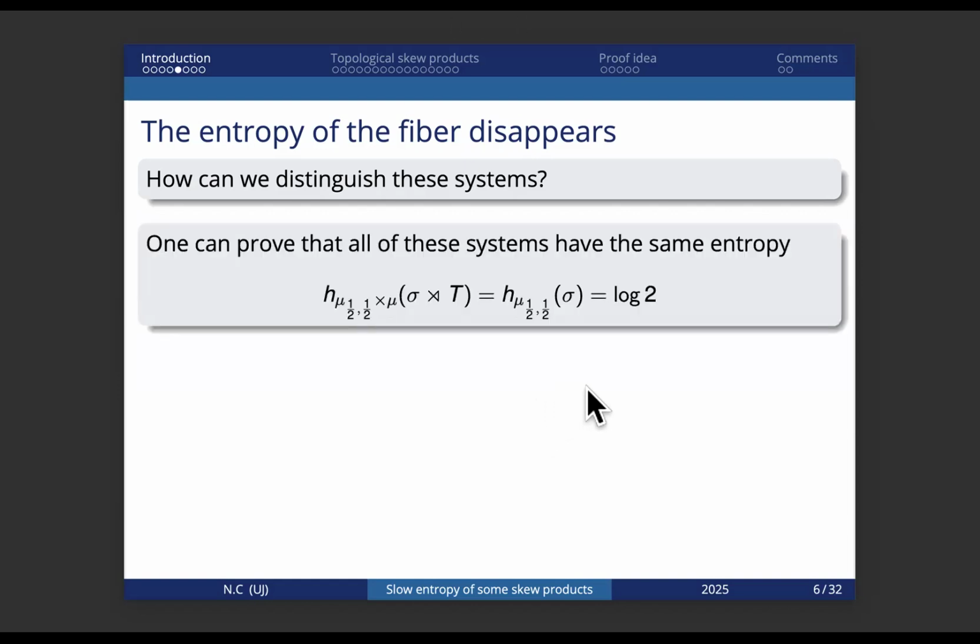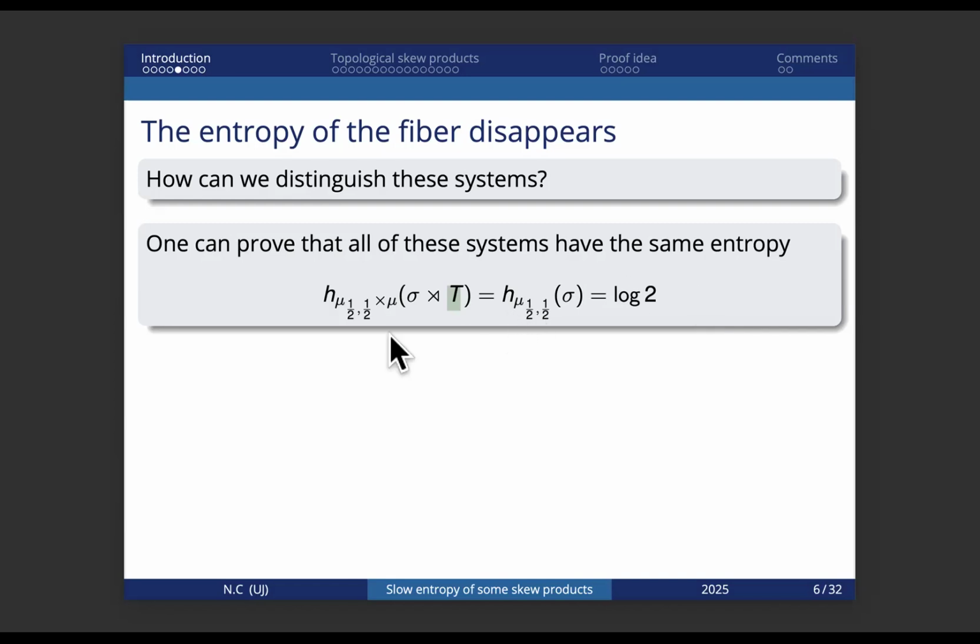One interesting thing that happens is that the entropy of the fiber system disappears, in the sense that all these systems have the same entropy. For any choice of a fiber system T that we take, if we compute the measure-theoretic entropy, we get the entropy of the shift, which is logarithm of 2.